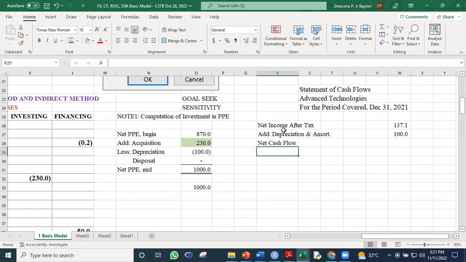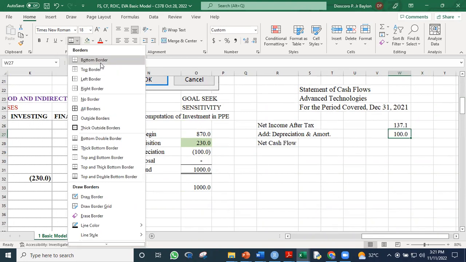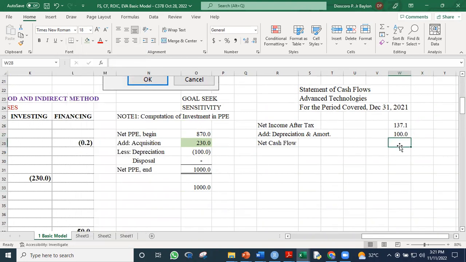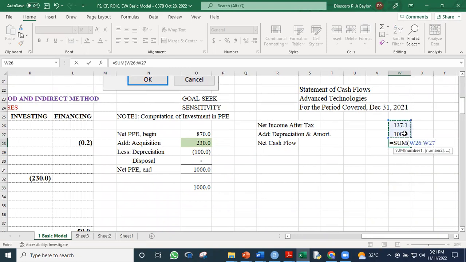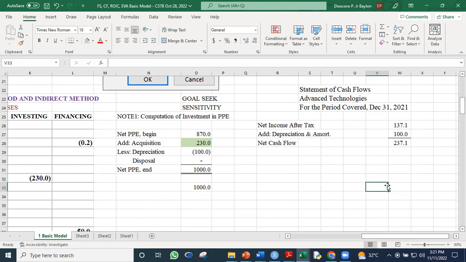We have converted our net income after tax into the net cash flow. Bottom, okay, is equal to, get the sum. Okay, 237.1. Okay, let me give you a few seconds to follow along. If you're done, class, kindly please chat yes. If you're okay, so that I know when to continue.